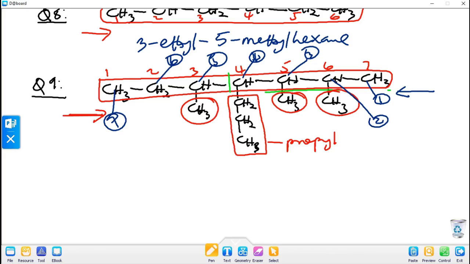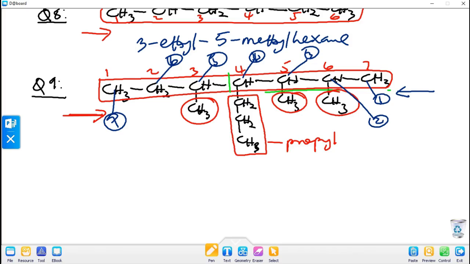Since the propyl remains at carbon 4 whether left or right, numbering from the right-hand side is ideal, because there are 2 methyls closer to the right-hand side, and that will give them 2 and 3.